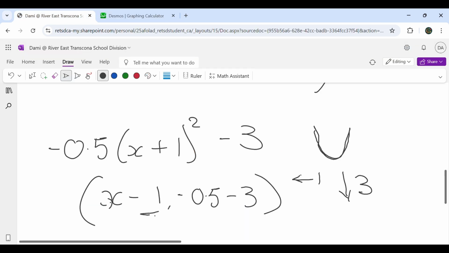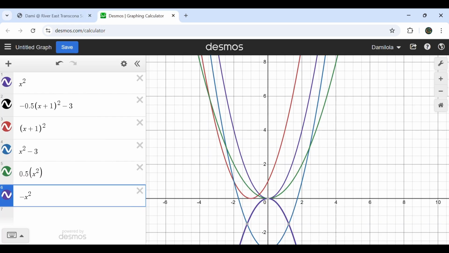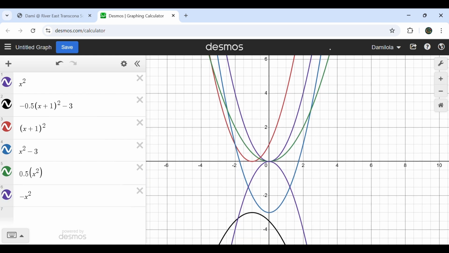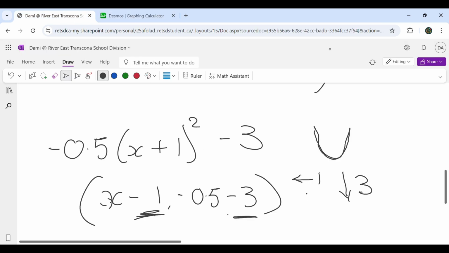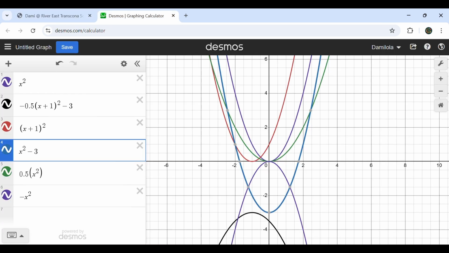Looking at the red graph only, we see it moved 1 space to the left, which makes sense with our prediction, x plus 1 moving left. And looking at the blue graph, this one right here, we see it dropped down by 3.